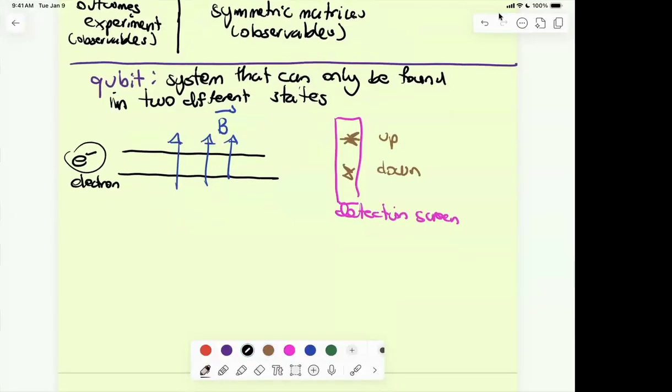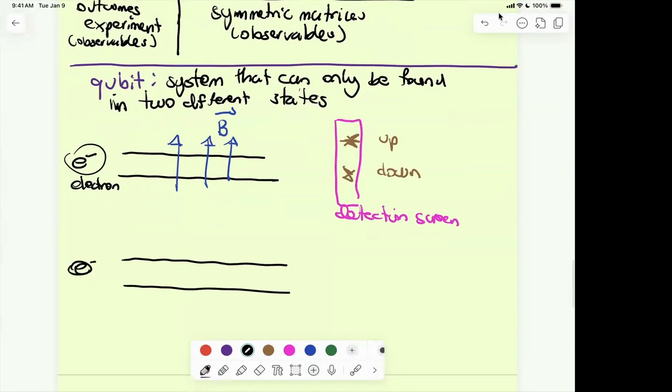And if you had placed the magnetic field not in the z direction but in a different direction, maybe the x-axis direction, then on the screen, instead of going up or down, it would just go left or right. Let me see if I can capture this a little better.